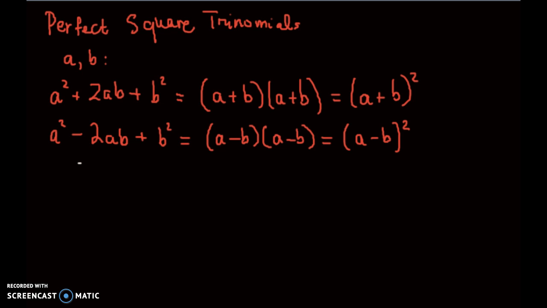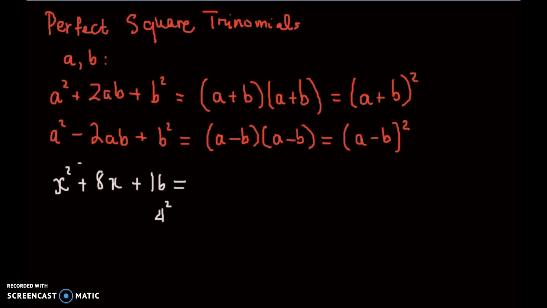Okay. So for example, I would have something like this. Now, I will have x squared plus 8x plus 16. And you realize that x squared here is already a square. 16 is actually 4 squared, right? And now we have a and b.